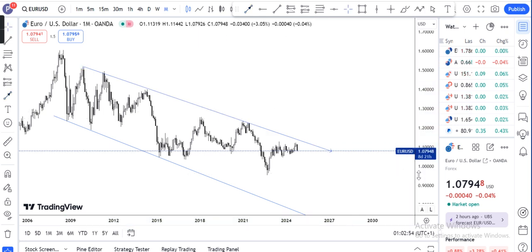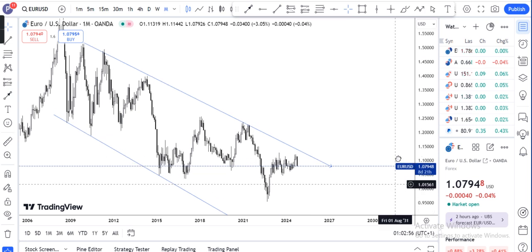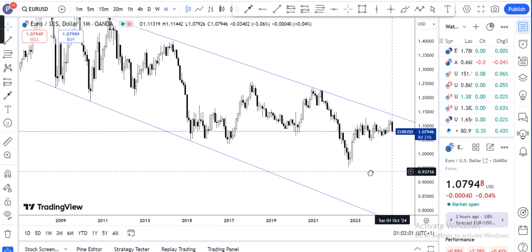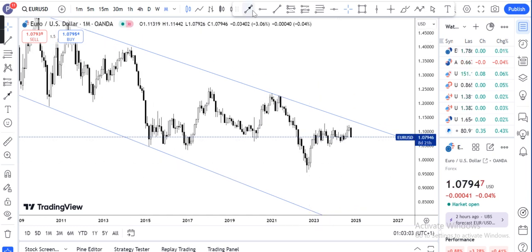So now, having understood what we are currently playing around with, we mark out the structure of the market. The first zone or level we marked out was a high here, which is this particular area.